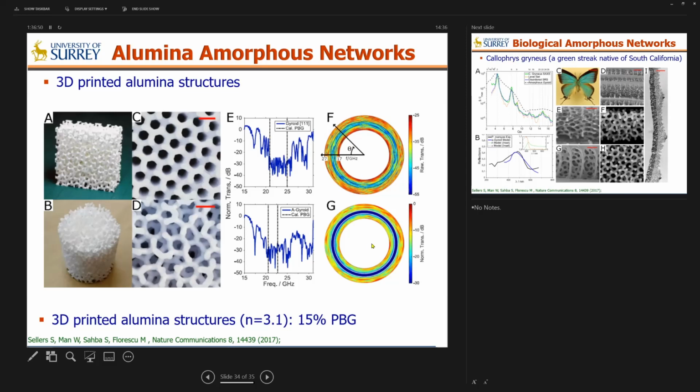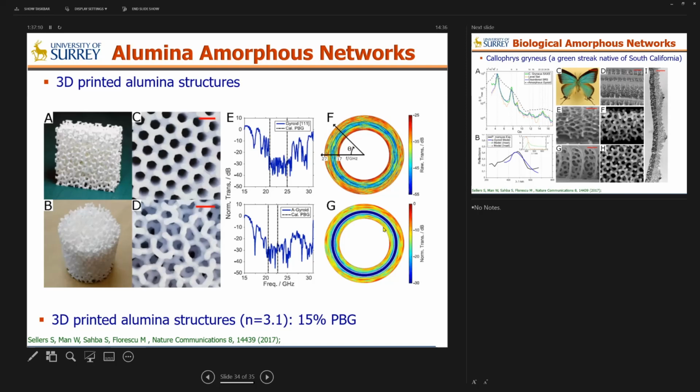Again, we measure the reflection from the structure as a function of the angle and as a function of the frequency. And we obtain a nearly perfectly circular photonic band gap, which tells us the structure is strongly scattering and is strongly isotropic.